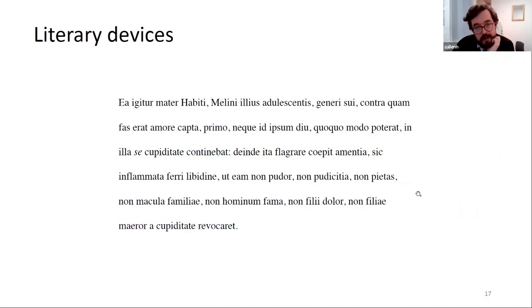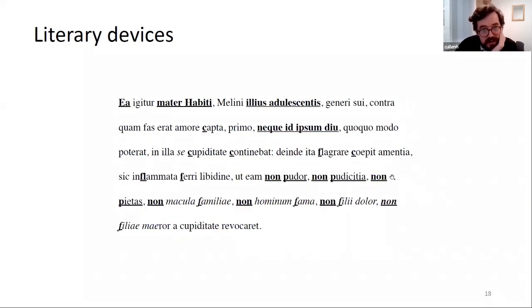Finally, then you've got your lit crit devices, and then you could look for things like alliterations, the use of the avoidance, for example, of Sassia's name, so talking about her almost like periphrasis, that mother of habitus. You could talk about caveats put in, or asides, the nequated ipsum diu, that's a sort of parenthesis potentially.